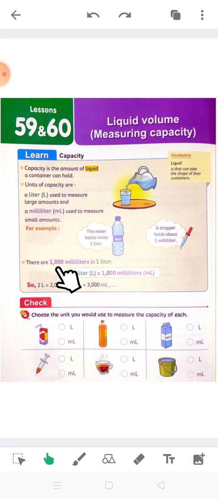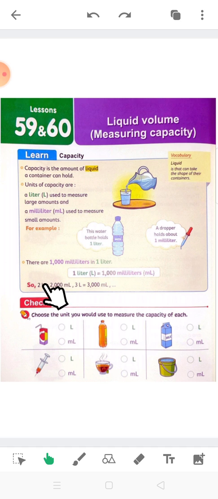There are 1,000 milliliters in 1 liter. Okay, 1 liter, L, equals 1,000 milliliters. So liter looks like 1,000. Goodbye liter, and we bring 3 zeros. Make sure: 2 liters, how many milliliters?